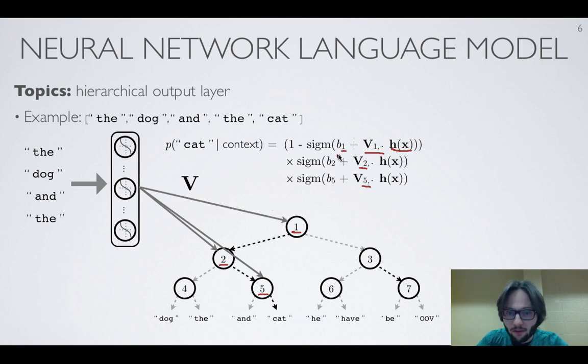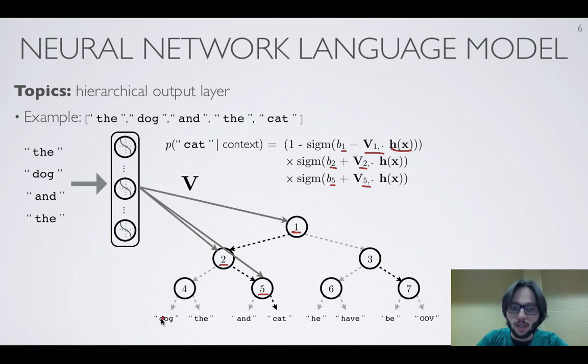And we're doing the same thing for the biases: the first bias, second bias, fifth bias in my bias vector B. So by taking the product of all of this, that would give me the probability of reaching cat, and I've been able to compute it in this model using a computation that scales not linearly in the number of words in my vocabulary, but logarithmically.